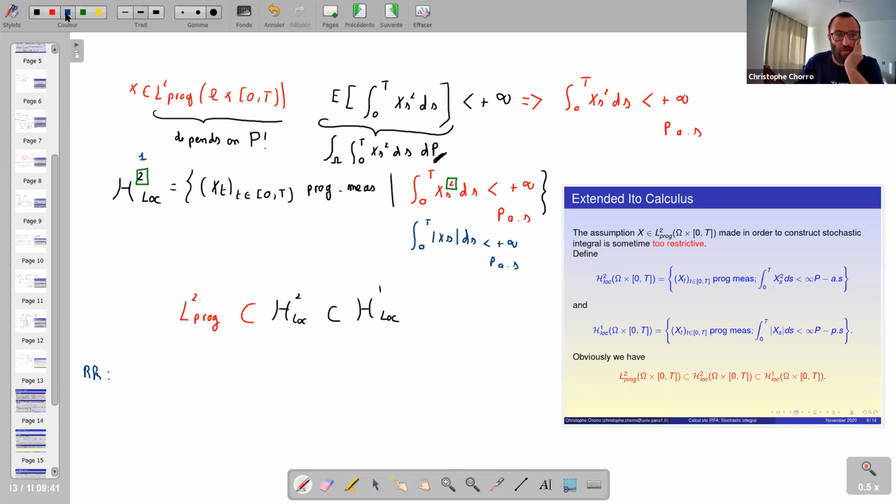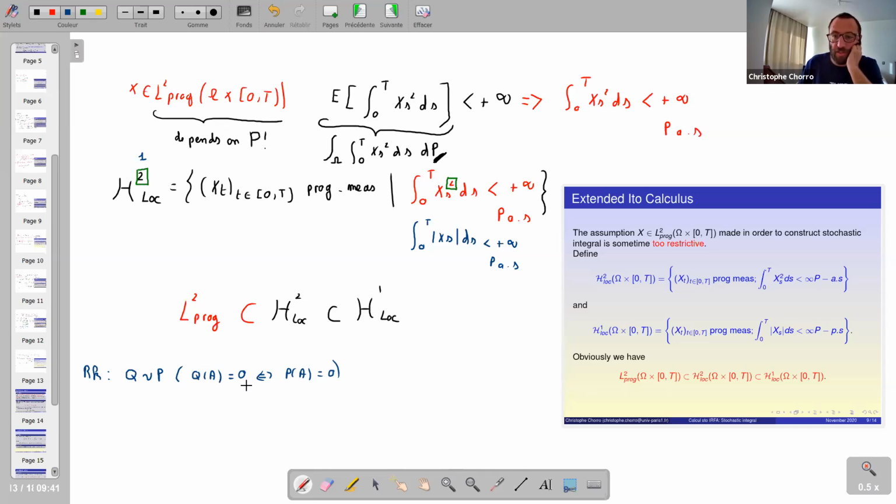Suppose that you consider a probability Q that is equivalent to P. This notion is equivalence. I have introduced it at the end of chapter 0. It means that Q of A equals 0 if and only if P of A equals 0. So they have the same negligible sets, in fact. So Q equivalent to P means that they have the same negligible sets.